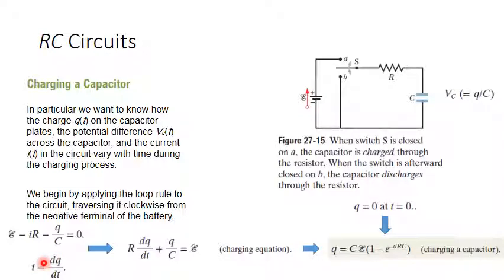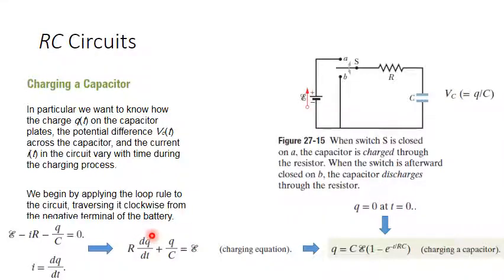So I is actually dq over dt. We can replace this I by dq over dt. In this case, this equation can be simplified as R multiplied by dq over dt, plus q over C equals E, the potential of the EMF device.